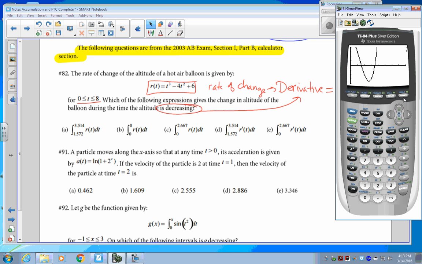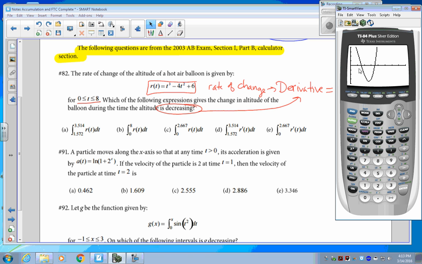And here is my rate of change, or my derivative. And so I am looking for, again, my function is decreasing where my derivative is negative. My derivative is negative down here. Okay, I'm circling it. That's where my derivative is negative. So what I need to do now is figure out, well, where is that?